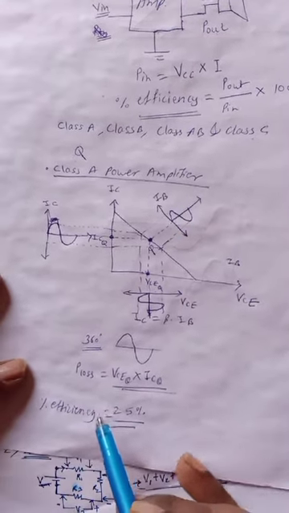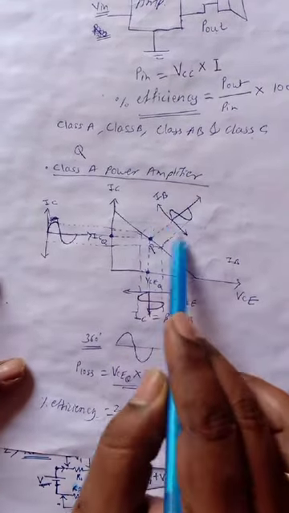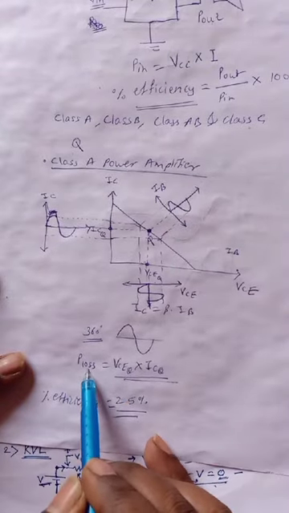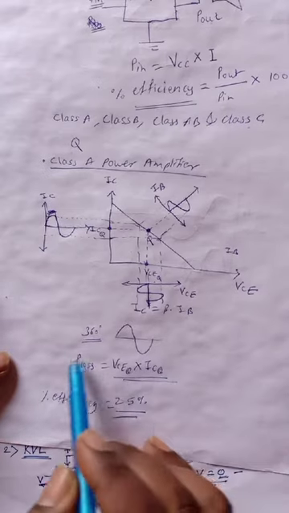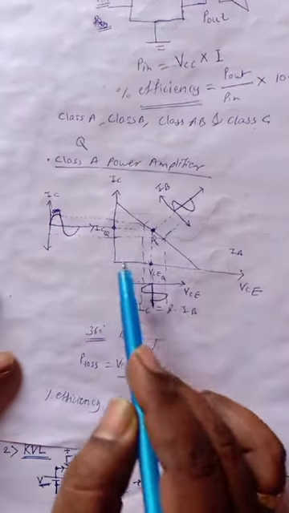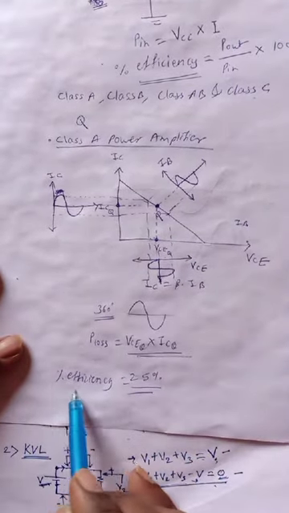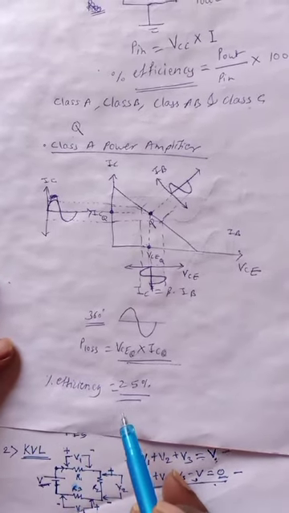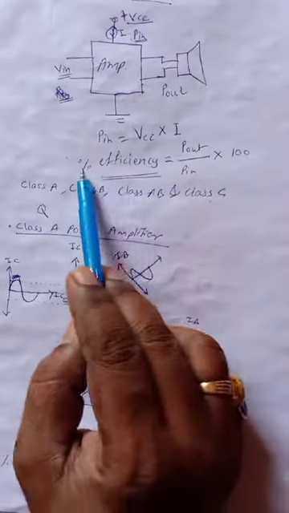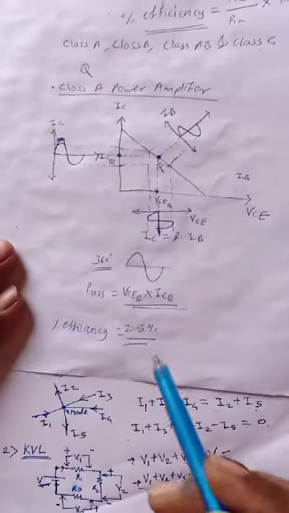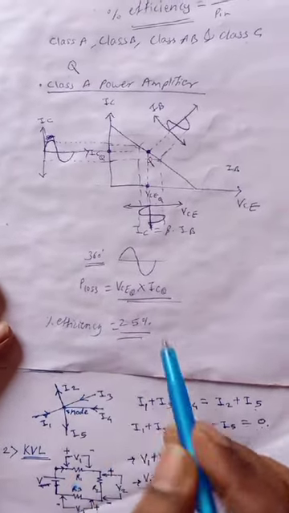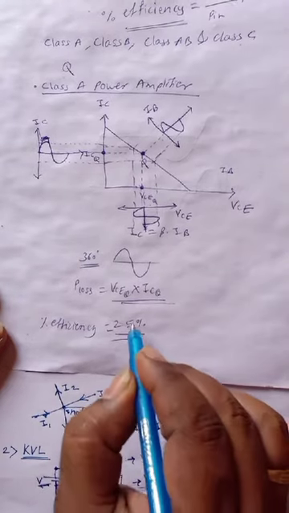Without any amplification there is a power loss that is given by VCEQ into ICQ. Because of this power loss, efficiency of this class A power amplifier is decreased. It is not a pure 100%. We know the efficiency, P out divided by P in into 100, that is the percentage efficiency. But here the percentage efficiency is decreased up to 25%.